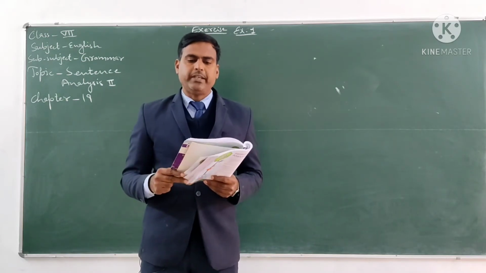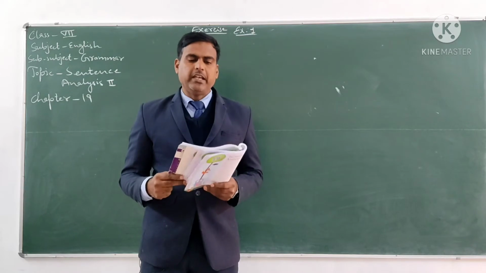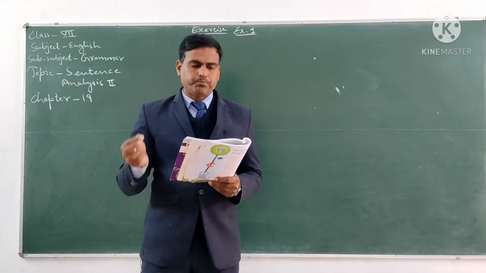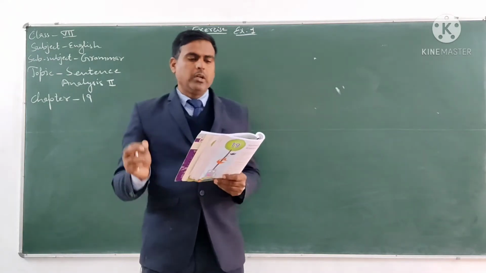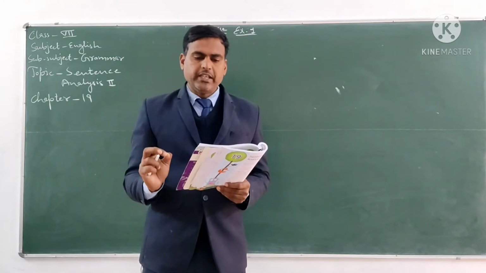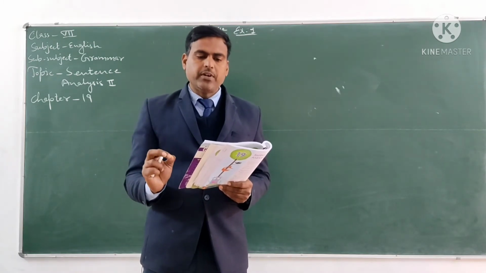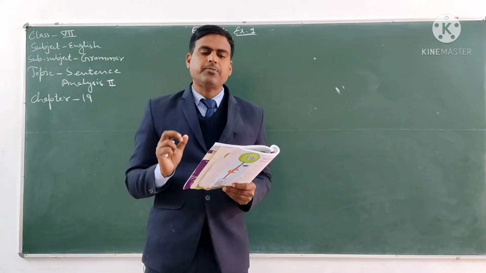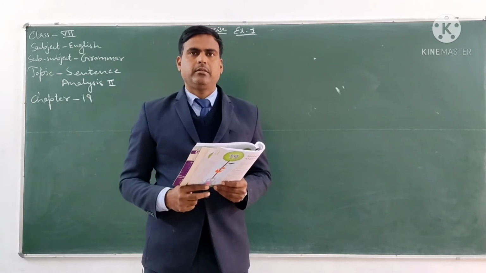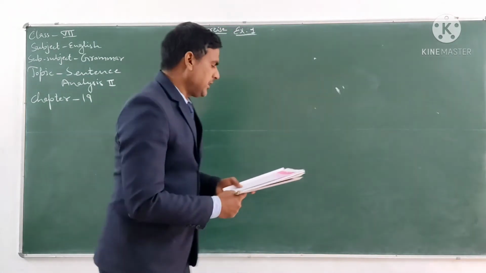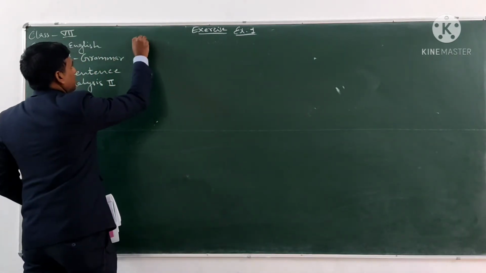In predicate part we have to tell the verb, object, enlargement of the object, and extension of predicate. So let's start with the first sentence.